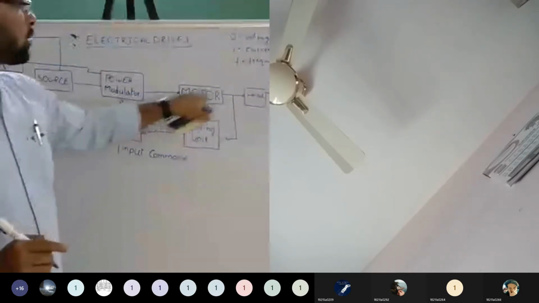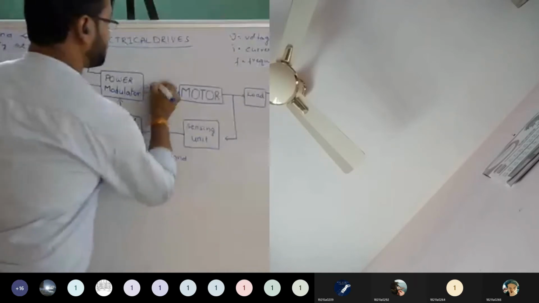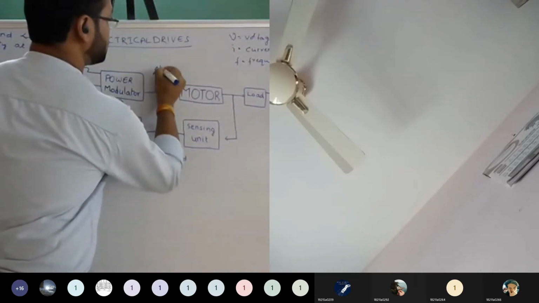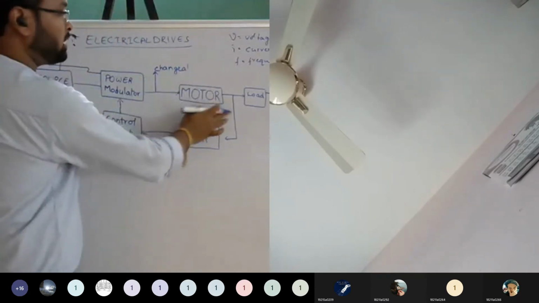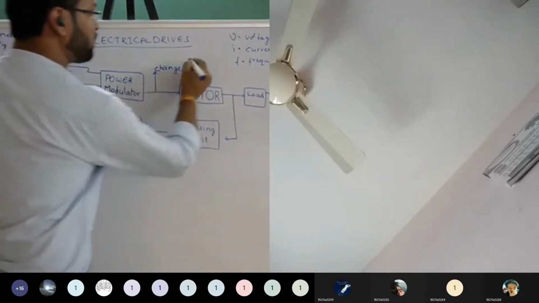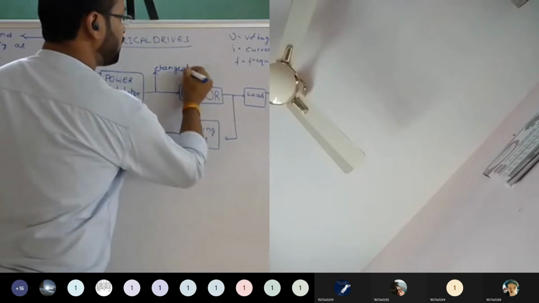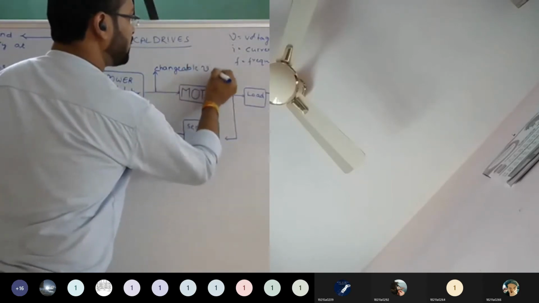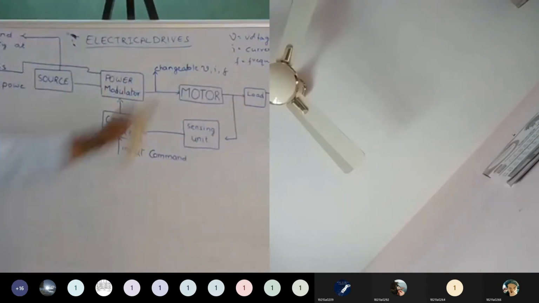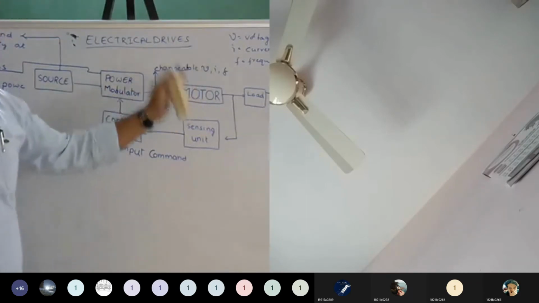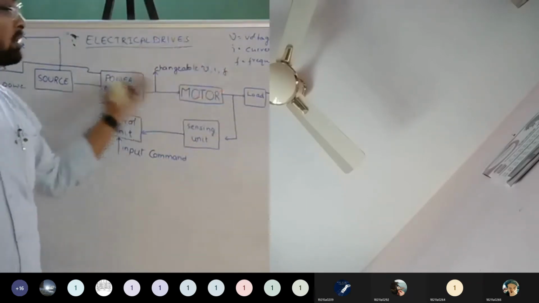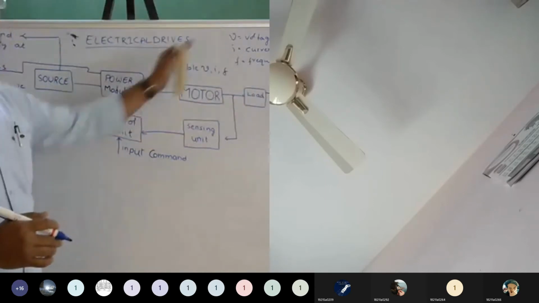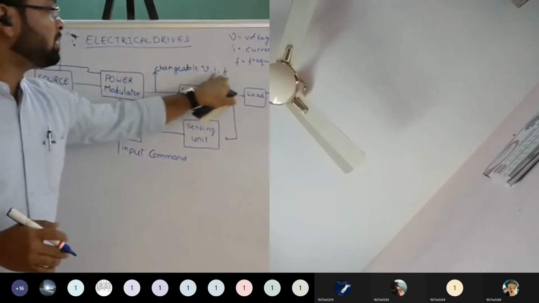Here we want to control the motor. We want speed control, changeable speed control only. For that speed control, what is required is changeable voltage, current, or frequency. Last time we discussed the DC motor, how the DC motor speed control will happen by changing the voltage across it, or by changing the current we are producing, or else the frequency. So these are the parameters.